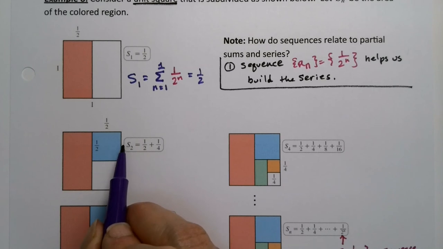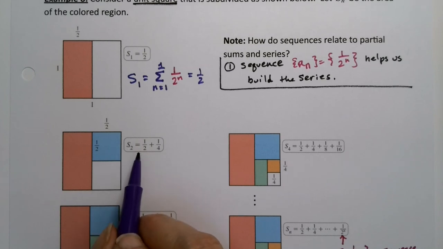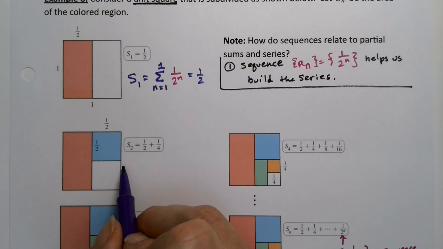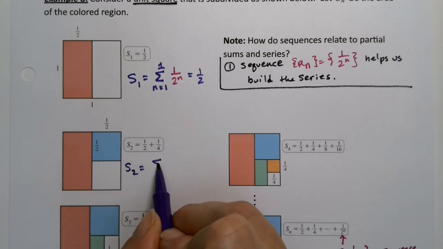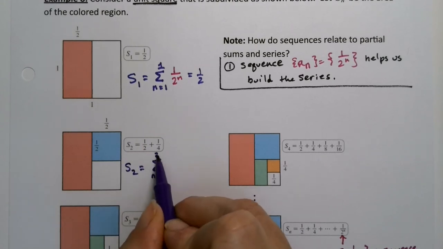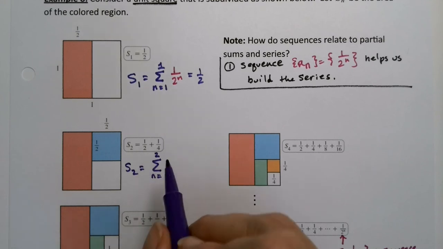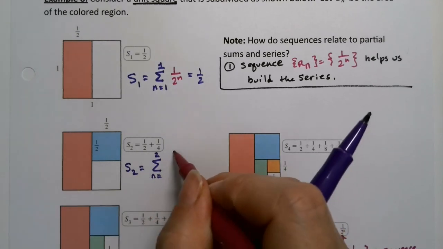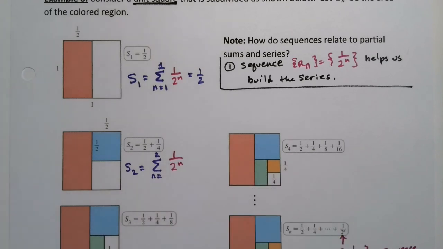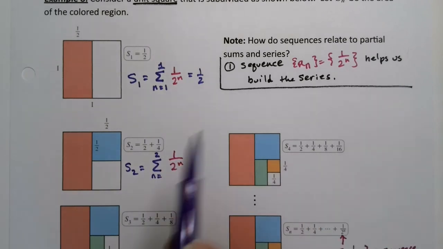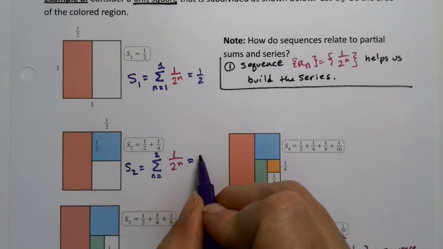It's called a partial sum. So you're adding part of that series up. So S sub 2 would be, okay, take this series, but only add the first two, right? Part of it. And then it's still that sequence, 1 over 2 to the n. See what I mean now about how it helps us build that series? And a half plus a fourth is 3/4, or 0.75.